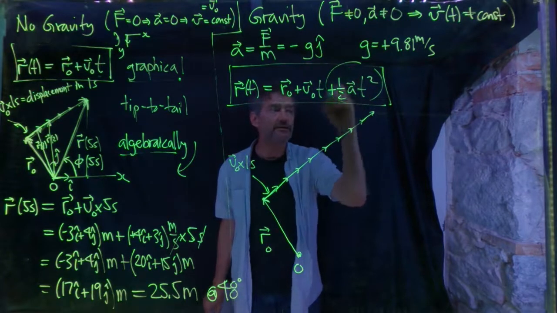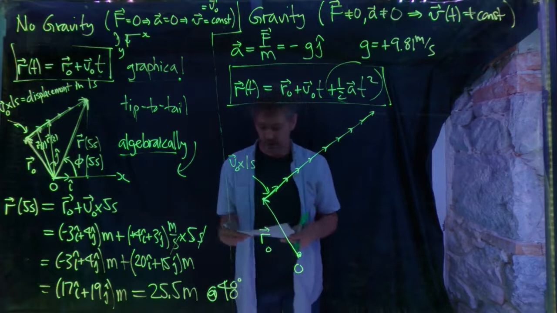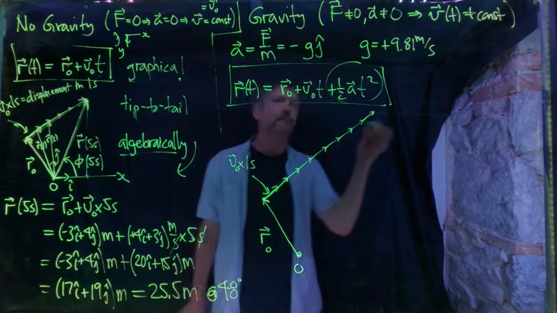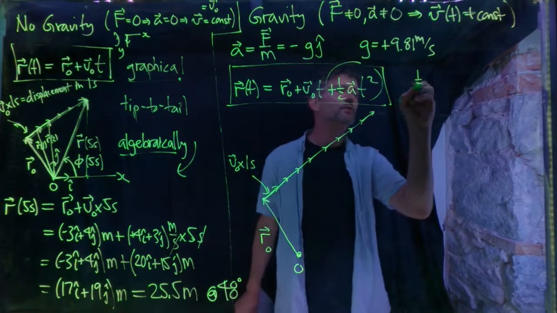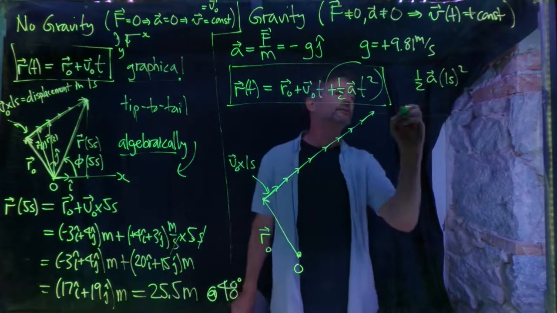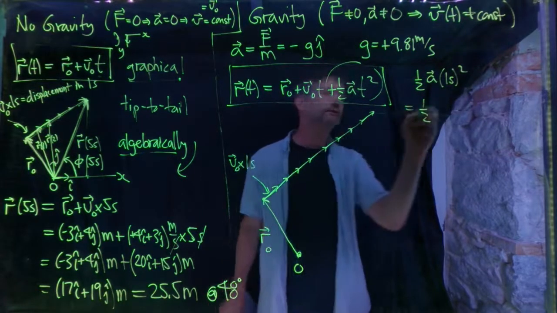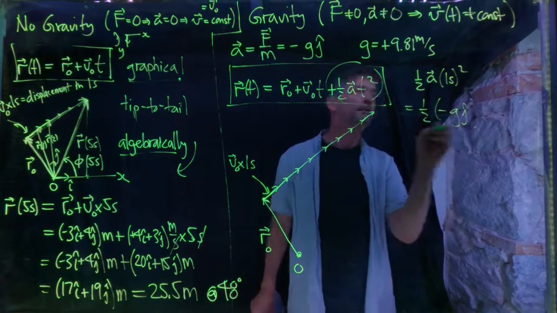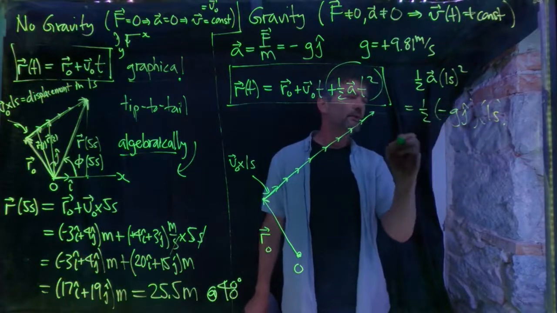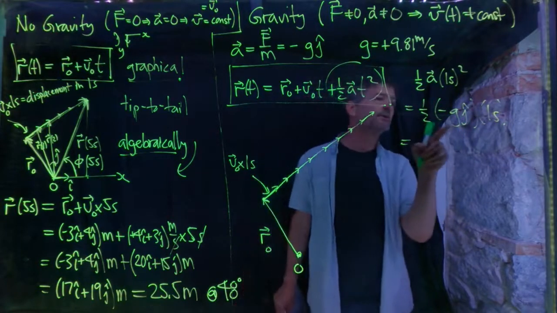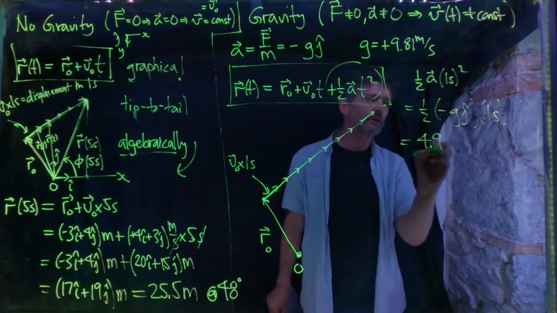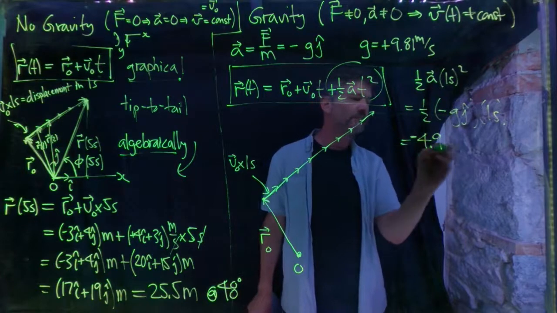So what is this term at 1 second? It's 1/2 acceleration times 1 second squared. So that's 1/2, the acceleration is negative g j hat, and then 1 second squared. Numerically, that's 9.81 times 1 times 1/2, which is 4.9, with a negative sign, negative j hat.